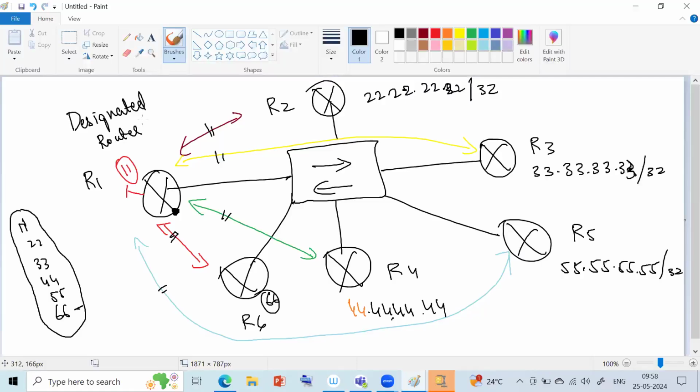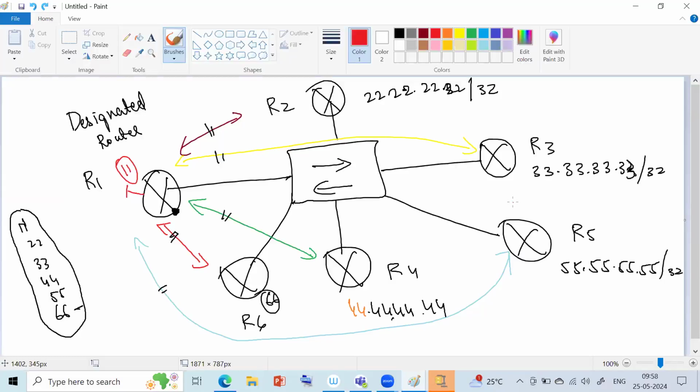Now, why did they make this concept of designated router? Because initially they had one or two routers like this in the company. One router, two router, three router. But as the network began, as the internet started evolving, there were companies with 500 routers, 200 routers. It was a very big task to establish neighborship with all 200 routers.